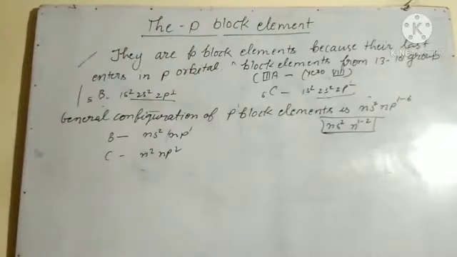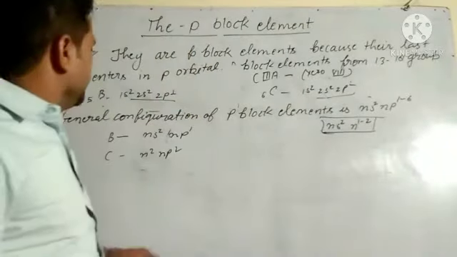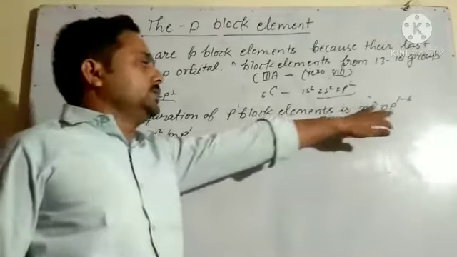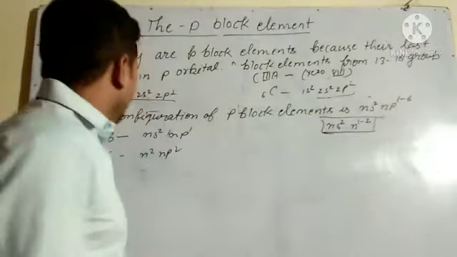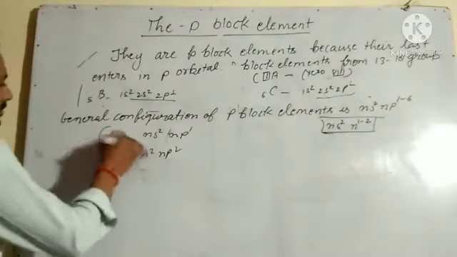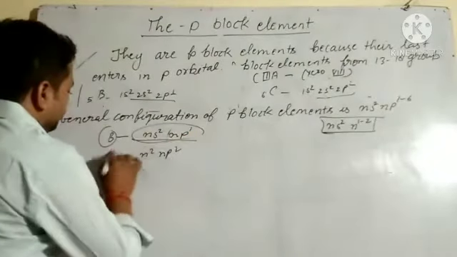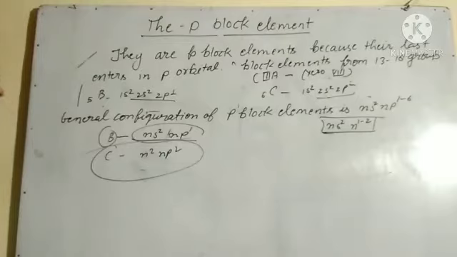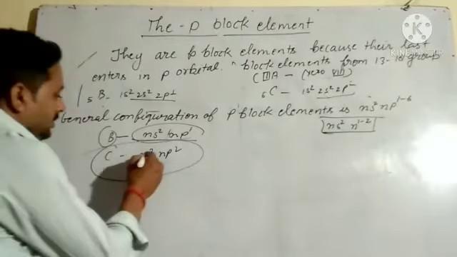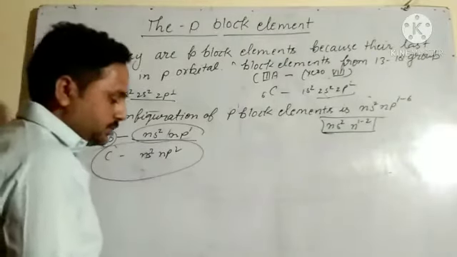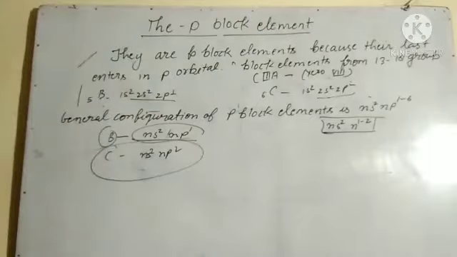Like that we can write. But the general electronic configuration of P block elements is ns2 np1 to 6. Okay students.